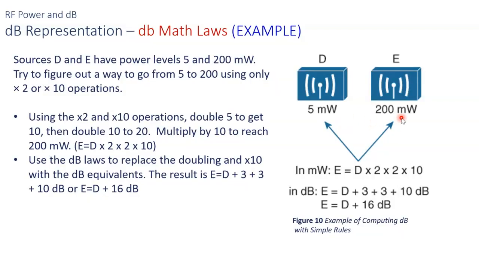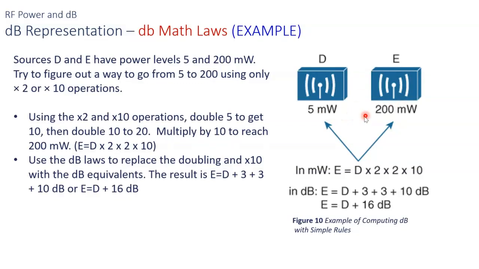What is the value of source E? 200 milliwatt. How much is the value in dB? If I need to take the ratio between E and D, how much is E greater than D in dB?